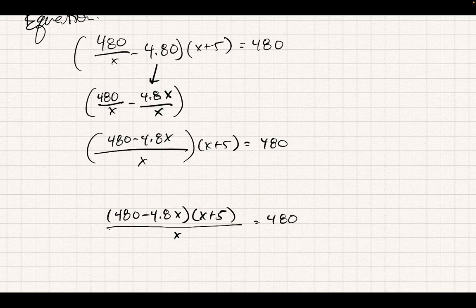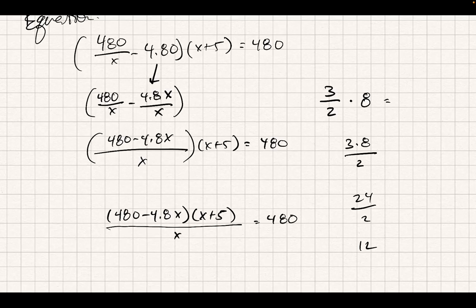This is like 3 over 2 times 8. So could you multiply 3 times 8 over 2 and get the same thing? 24 over 2, or 12.